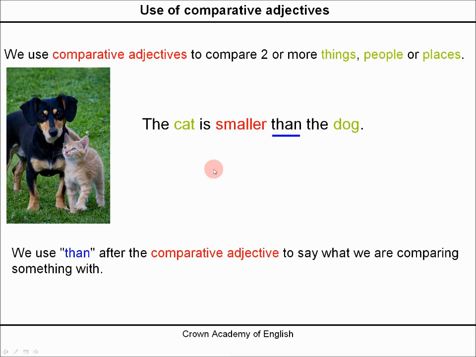So it separates the cat from the dog. Okay? The cat is smaller than the dog. This is the comparative adjective here. But sometimes it is more than one word. And that's what we're going to look at today. The rules.